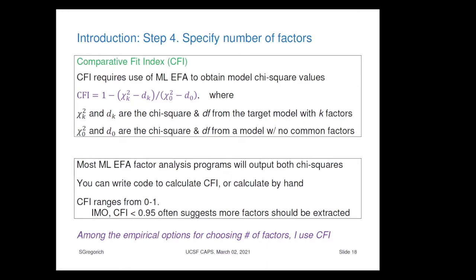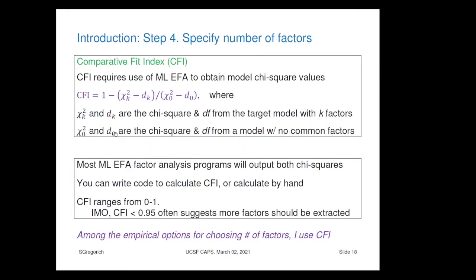Whatever EFA program you might be using probably doesn't report CFI. If your program does allow you to specify maximum likelihood factor analysis, then it's probably going to give you what you need to calculate CFI. What you need are a couple of chi-squares and a couple of degrees of freedom. The purple is the formula.